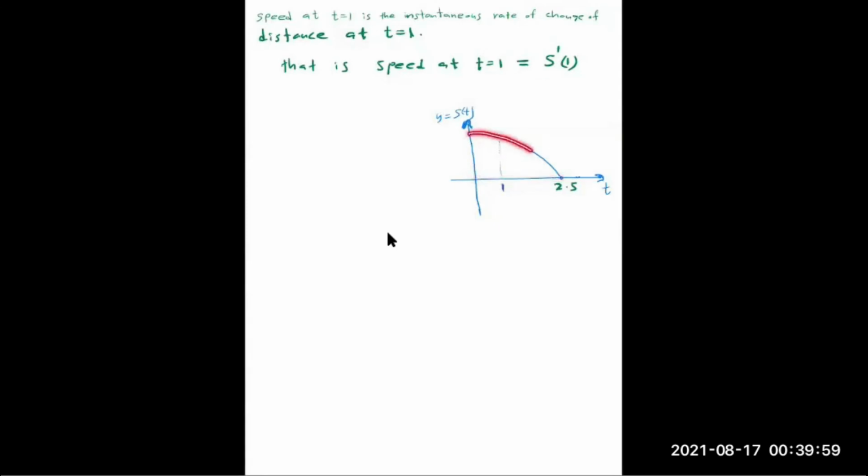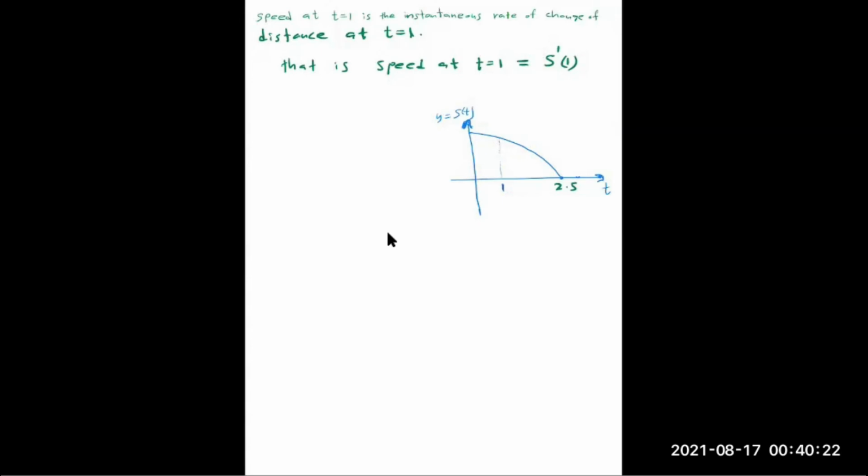So here is the piece of function that we are interested in, and we need to find the slope of this s of t. That means the slope of the tangent at the point where t is equal to 1. That's what we are interested in, which is denoted by s prime of 1, the slope of s of t at t equal to 1.